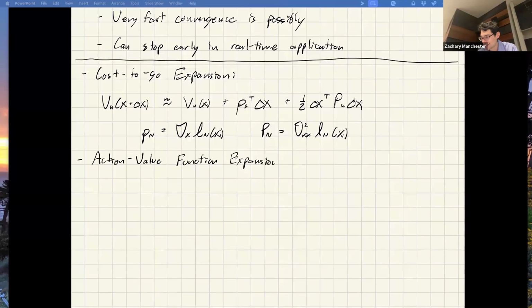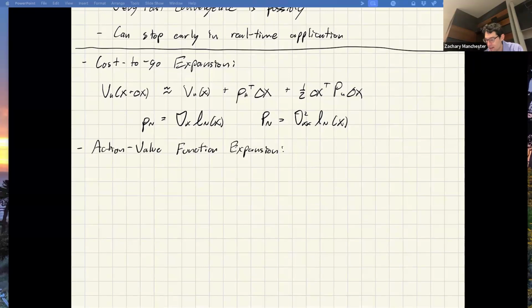Okay, so I'm going to do this exact same thing now for the action value function, which we're going to call S sub k. Remember, this is a function of x and u, so I've got to Taylor expand it in delta x and delta u. We're just going to make up some letters for the gradients and Hessians and derive a recursion the same way.